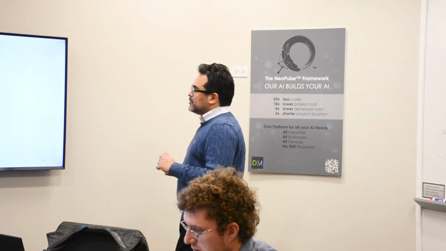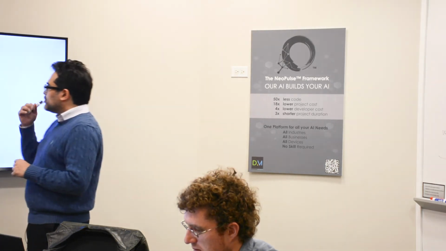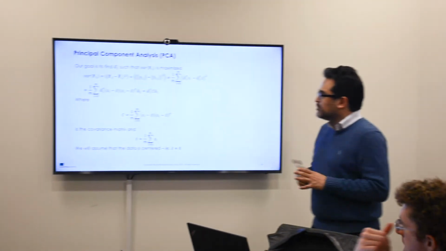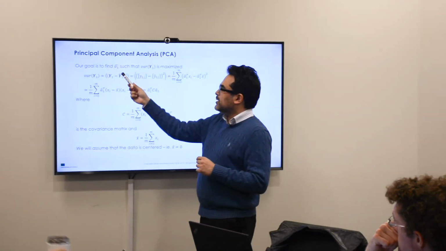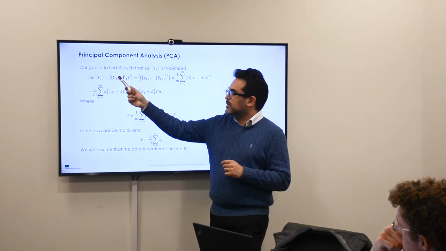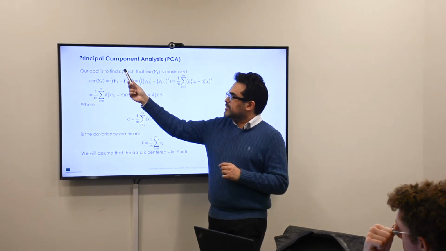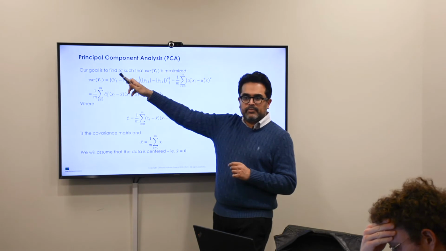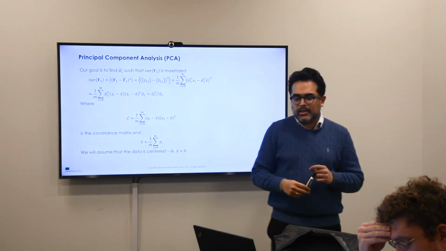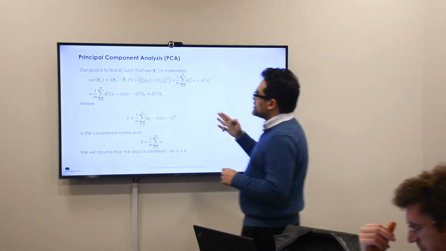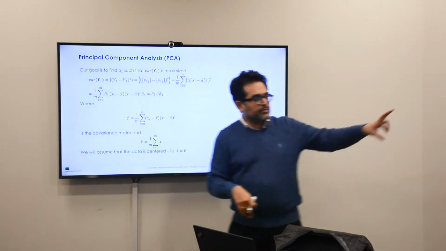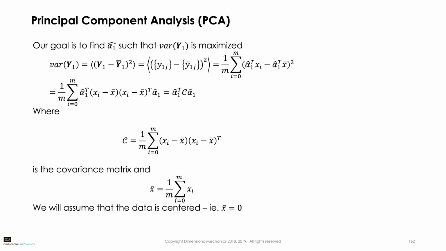So how do you know this is the most important component? Ultimately you want to find the weight, you want to figure out what value of this vector is going to maximize the distance between each of these components and that vector. Why are you trying to maximize the variance?